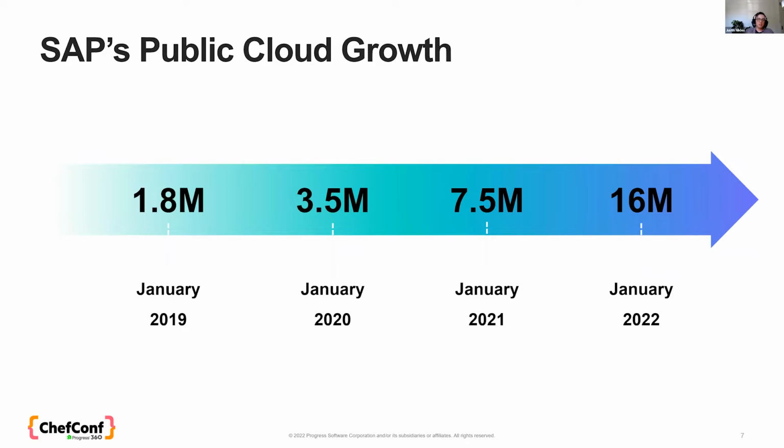So if we take a look, not at the number of accounts, but the number of resources, you can see this growth has been tremendous at SAP over the last few years, pretty much doubling in number of resources every year. Maybe next year at ChefConf, we'll be able to give you our January 2023 number, and it could be double there as well. So we have been operating at this crazy scale that's continuing to grow.